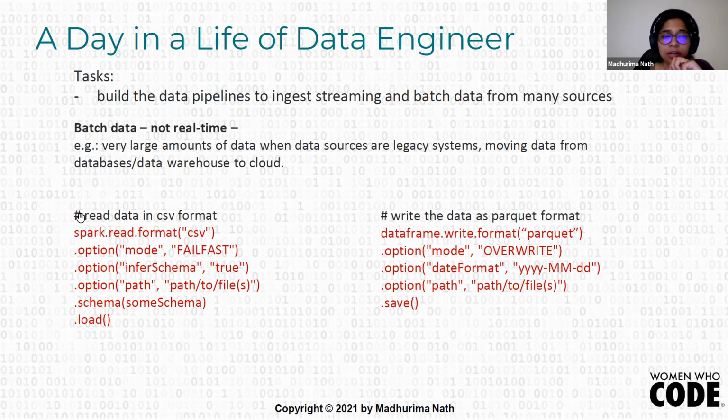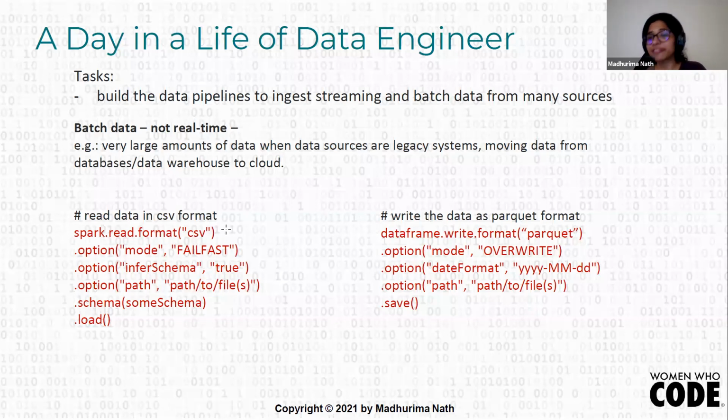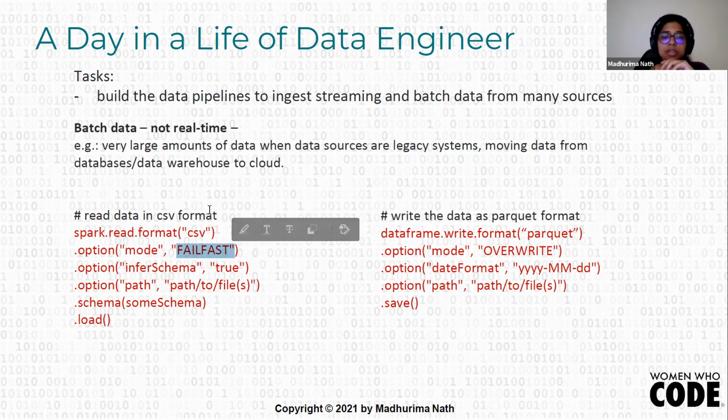So again, going to Spark, you can do spark.read.format, and you can specify what format you need. So that's where we need to know what format files I'm using. Do I have a CSV file or a text file? And these are different options that you can add. Fail fast is, if there is a failure, just let me know.